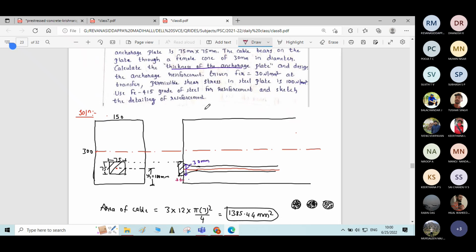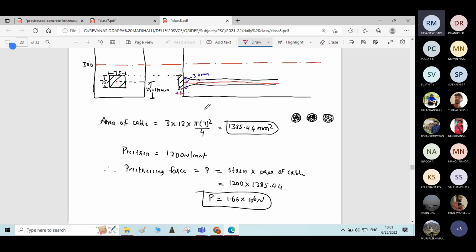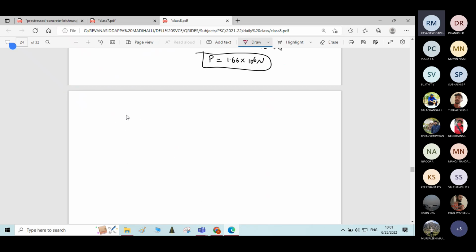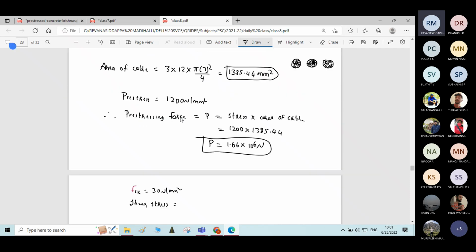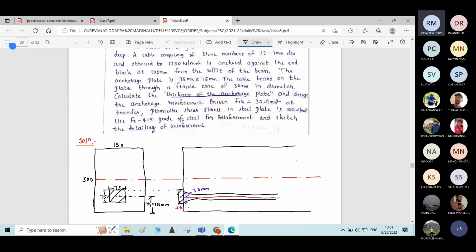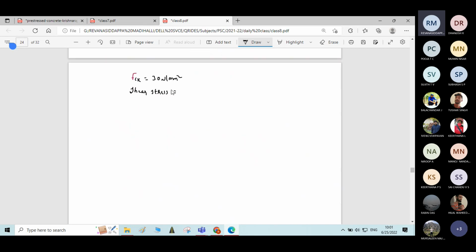FCK is given, and permissible shear stress is given. I'll write the given data. FCK is equal to 30 Newton per mm square, and shear stress on the plate is 100 Newton per mm square.